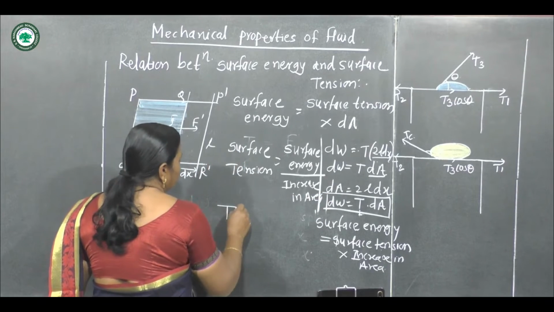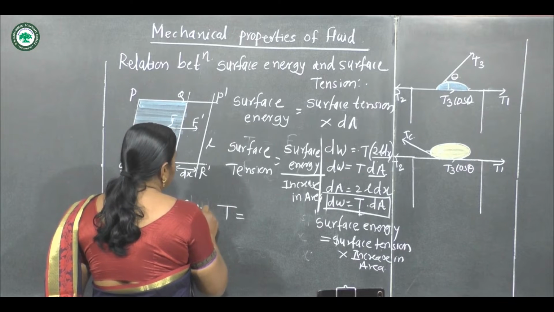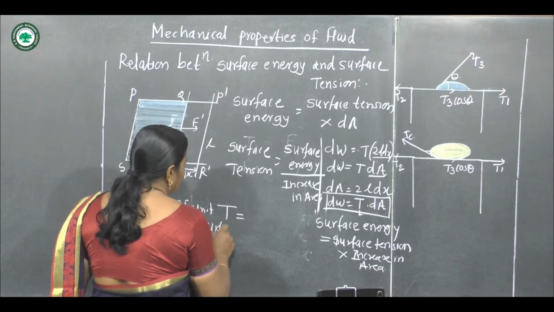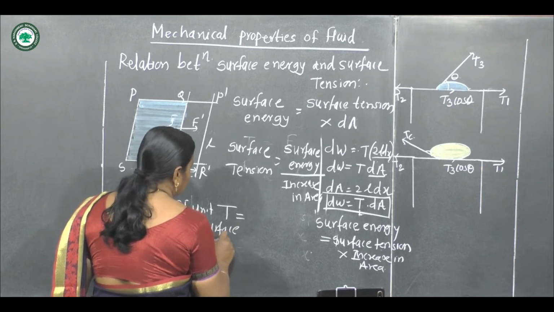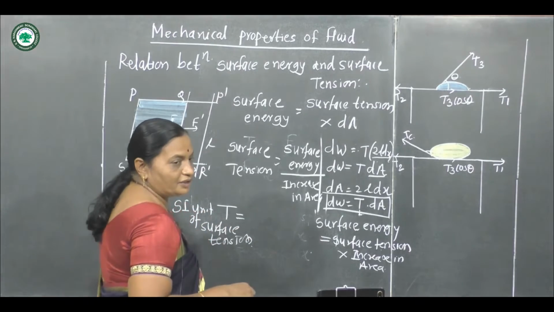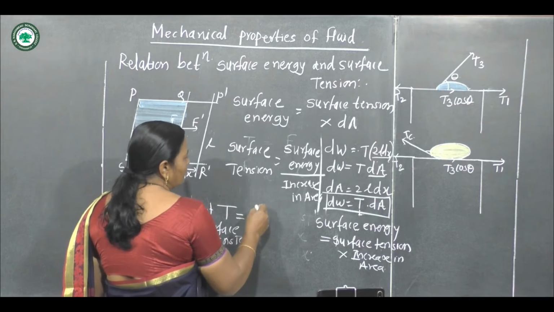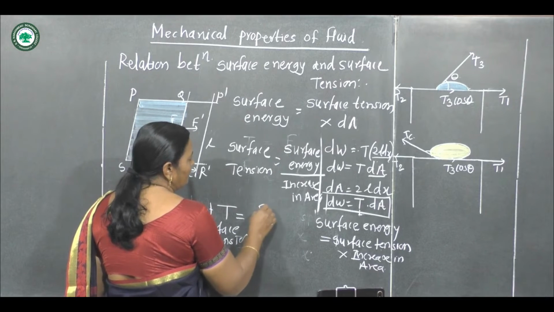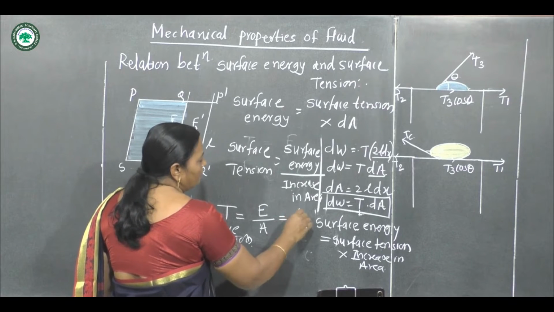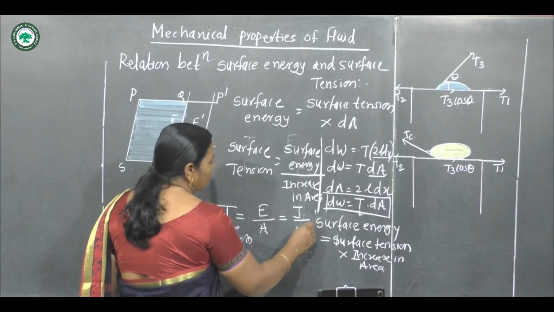And the SI unit of surface tension. We can find another unit of surface tension: surface tension T is equal to surface energy divided by area, and the unit of energy is joule and area is meter square.